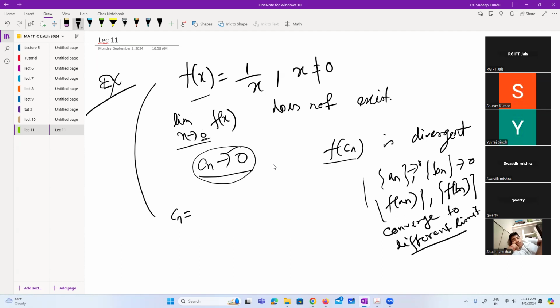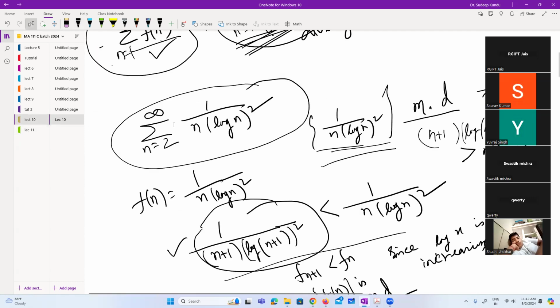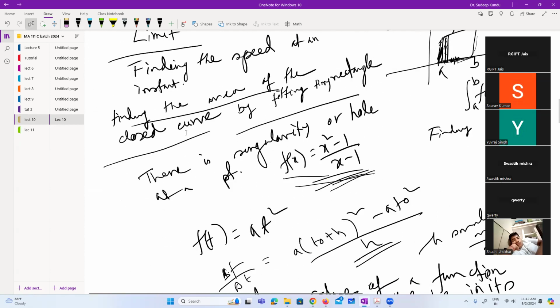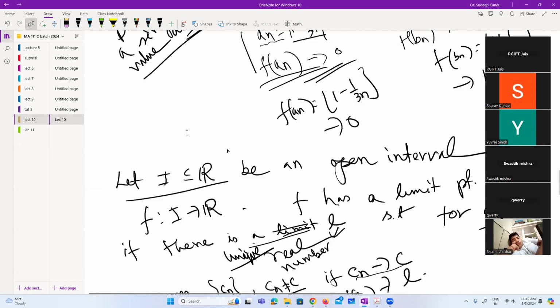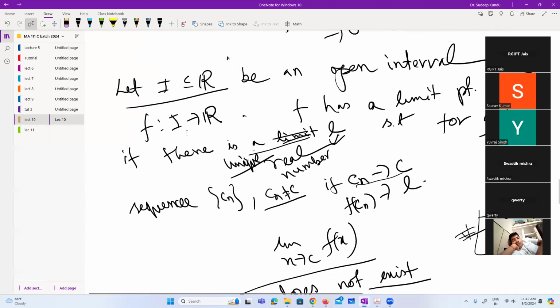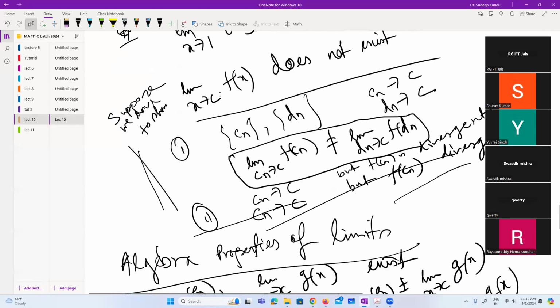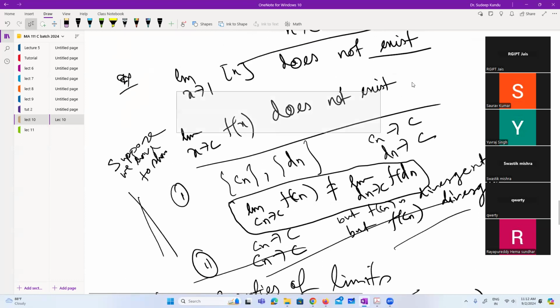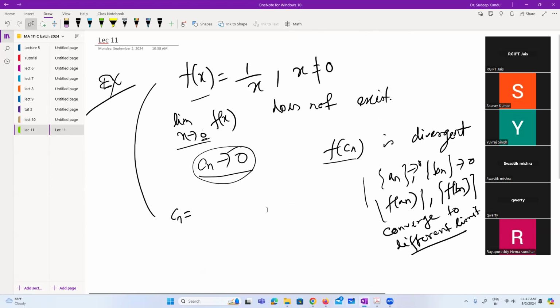You have already studied sequences, and we are studying limit using sequences first because you already know them. In order to show the limit as x tends to c of f of x does not exist, you have to show some sequence which converges to c but f of c_n is divergent. This is a very simple example.